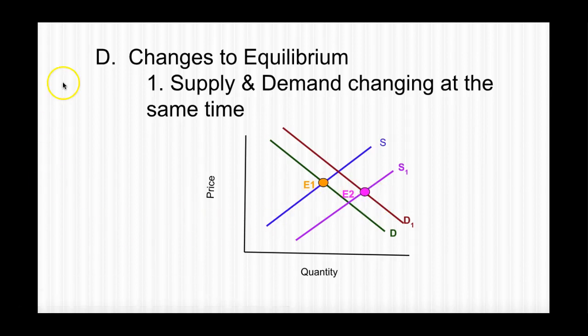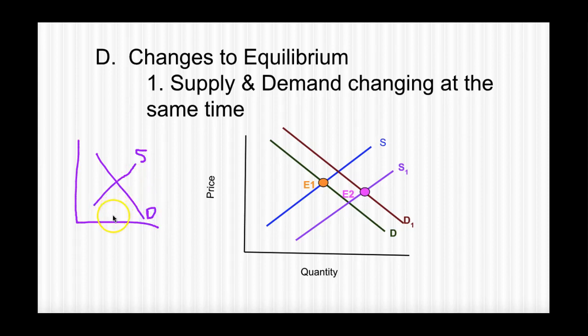But what if I do something different? I'm going to draw a quick one here. I have a supply and a demand curve. By the way, this is not easy to do with my finger on the trackpad. What if my supply curve shifts here? Here's my right shift in supply, and here's my right shift in demand. So here's my original equilibrium.